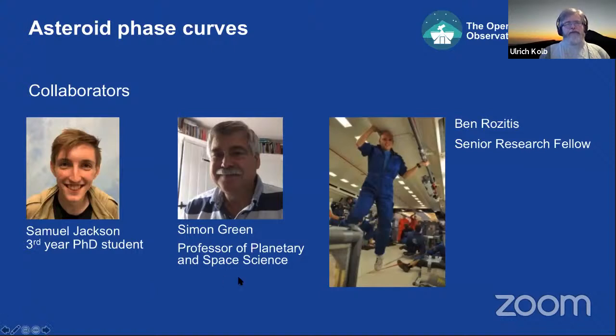And the brains behind the science certainly are Simon Green, who has a long experience in planetary science and astrophysics, and Ben Rositis, who is a research fellow and is closely involved in a PI function at the OSIRIS-REx mission, the asteroid sample return mission to the asteroid Bennu.